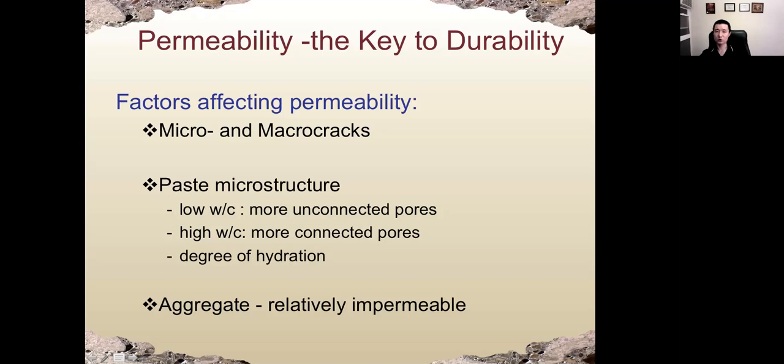The pores will also be more unconnected, which means it has lower permeability. With a higher water cement ratio, we have more pores, higher porosity, and the pores will also be more connected, which means we have higher permeability. The degree of hydration, which is defined as the percentage of cement hydrated, will also be a factor. But just using low water cement concrete, we cannot ensure a low permeability, which we'll discuss in a moment.